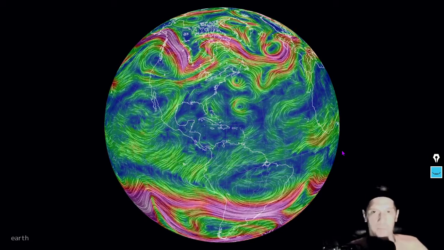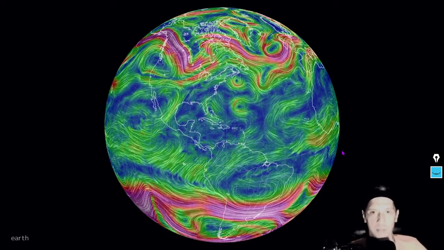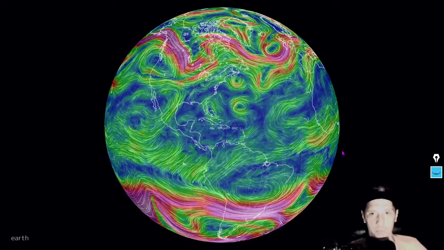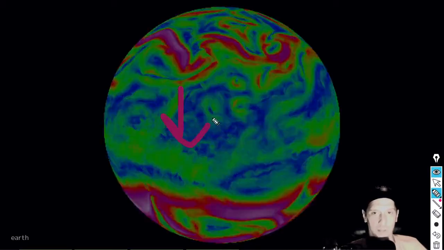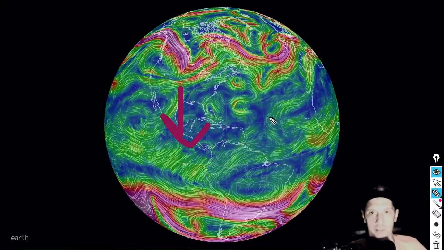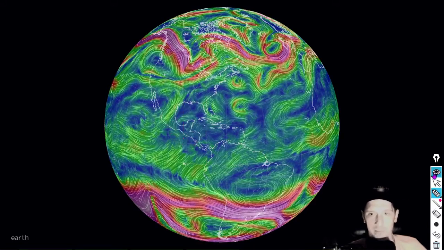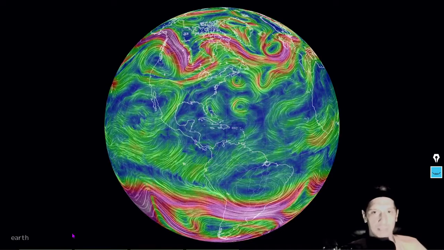So here's your little worldwide snapshot. And we've got extreme meridional jet stream flow here once again over the western world. We've got jet streams blowing nearly due south in various spots and all these funky eddies here in the North Atlantic. Jet stream mostly staying out of the U.S.